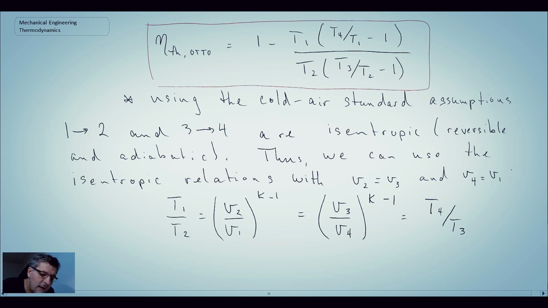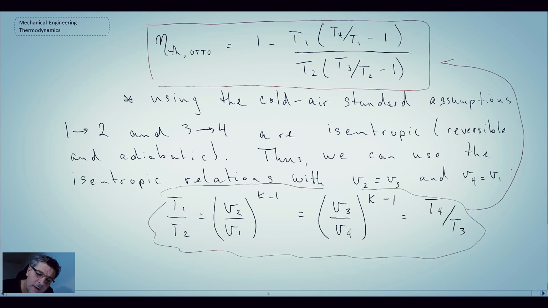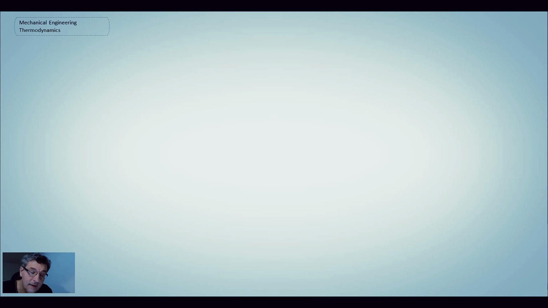So we can take these relationships here and work them into this relationship up here and see what we obtain. And I'm not going to go through all of the detailed substitutions, but if you do that, what you can obtain is that the thermal efficiency for the Otto cycle can be expressed in a very compact manner like that.